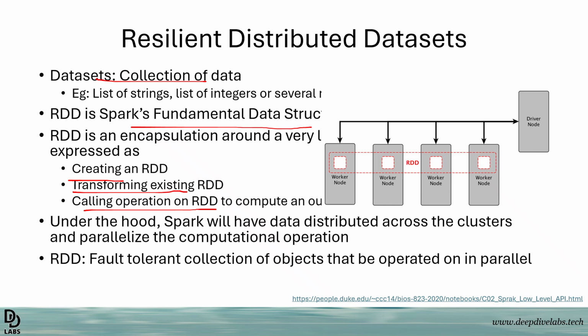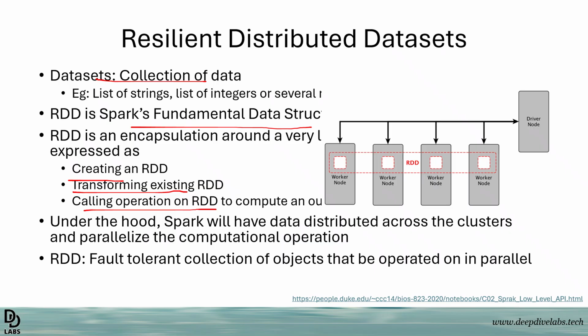One way to think of your resilient distributed dataset is that it's a fault tolerant collection of objects, because it's a collection of data that can be operated on in parallel. Parallelizing how?